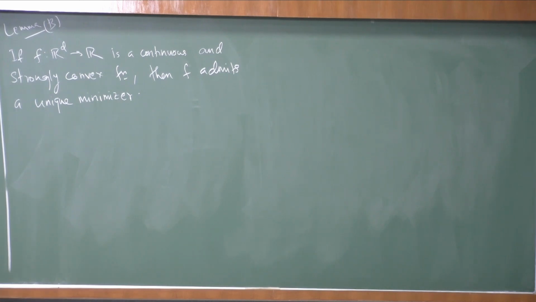But for which cases we know this? I mean, intuitively we know, right? It's ball shaped. So convex functions are ball shaped. So in fact they have a unique minimizer, right? But then why am I saying that this is not easy to prove?